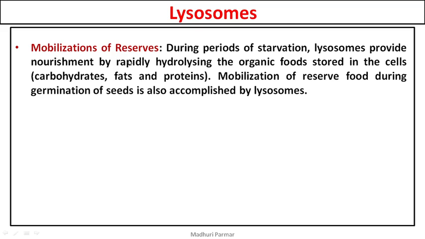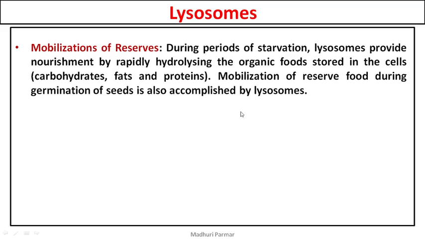Mobilization of reserves. So if there is starvation, meaning you are not getting enough food, lysosomes provide nourishment by rapidly hydrolyzing the food which is stored in the cells, okay. The carbohydrates, fats or proteins, in whatever small amount they are stored in the cell, are made available to the cytoplasm, to the cell, okay, for survival.